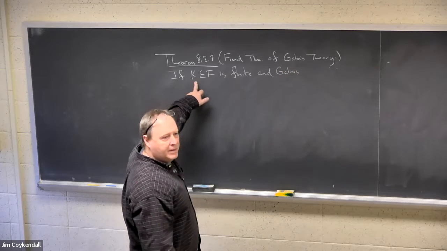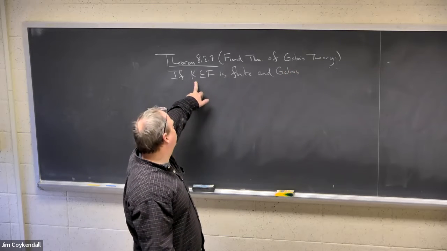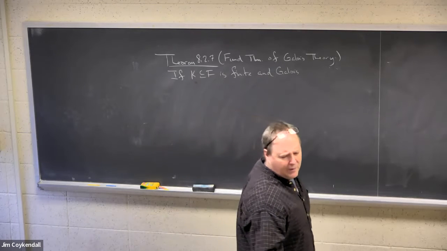So in other words, of course, that means, by our previous definition, K is the fixed field of the Galois group of F over K.